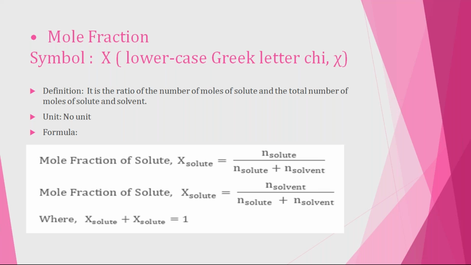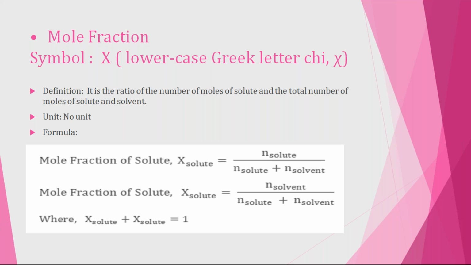Next is mole fraction. So what is mole fraction? It is the ratio of the number of moles of solute to the total number of moles of solute and solvent. Before going to that, what do you mean by mole?